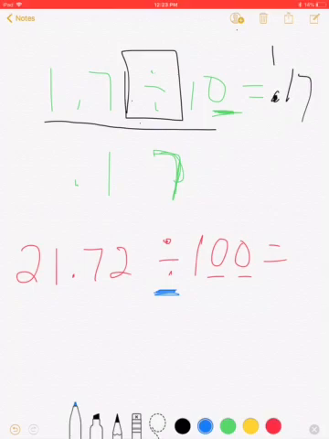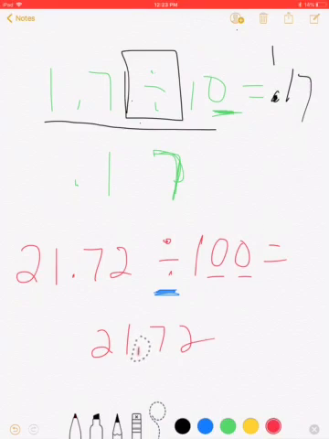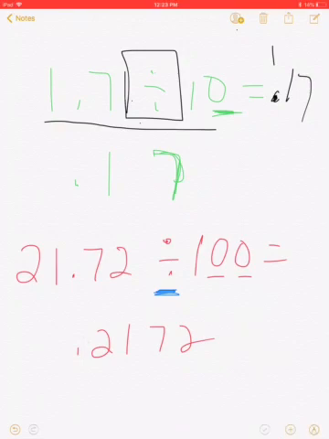This one is division, so I know I must move to where the number gets smaller, which means we're going to move to the left. So let's move. 1, 2. Place the decimal there, and the answer is 0.0172. Very good. Good job for us.